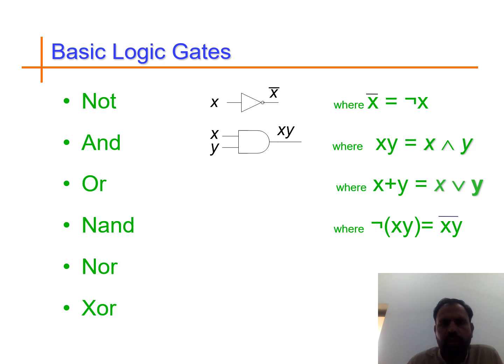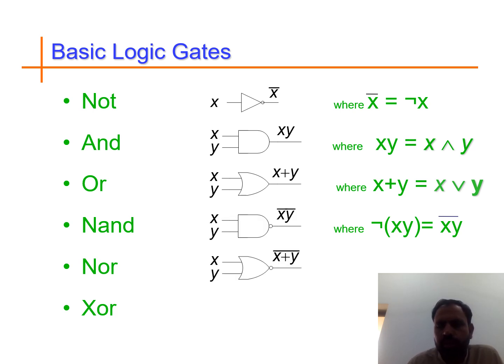Symbolically, basically we use this, and in this xy, x plus y, xy negation. For NOR, xy implies x plus y bar, and for XOR, xy.